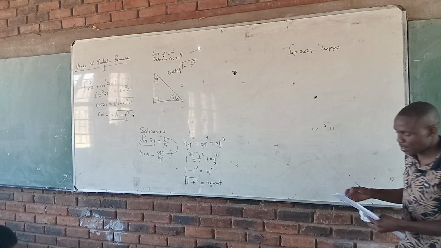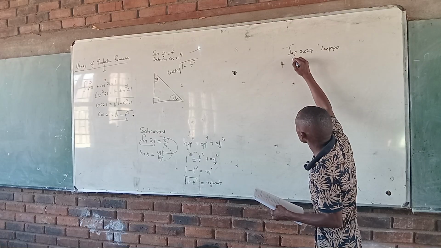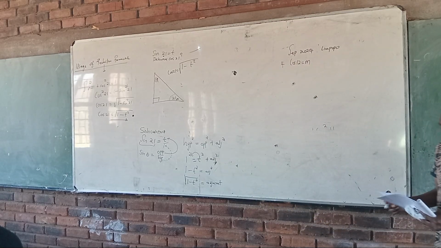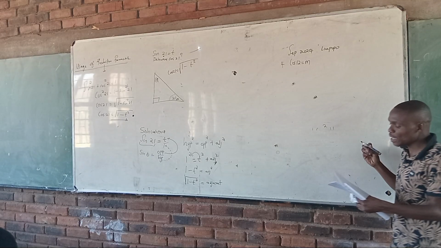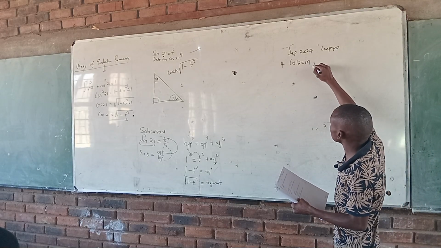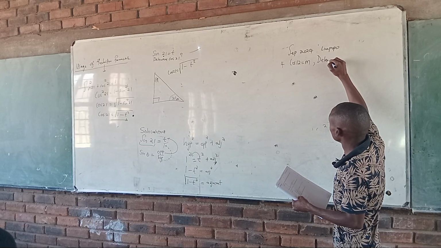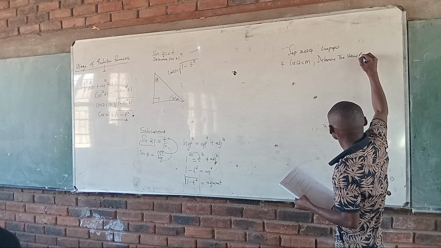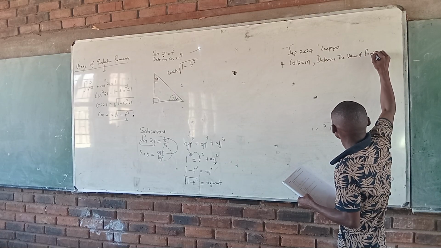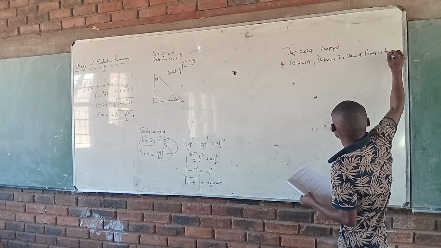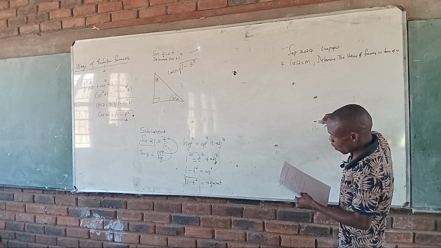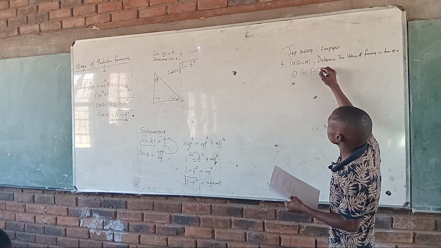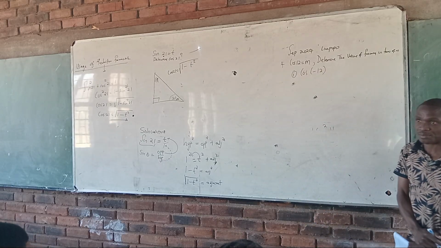Easy 9 marks here. They are saying if cos 12 is equal to m, determine the value of the following in terms of m. One, they want to know about cos negative 12 in terms of m.